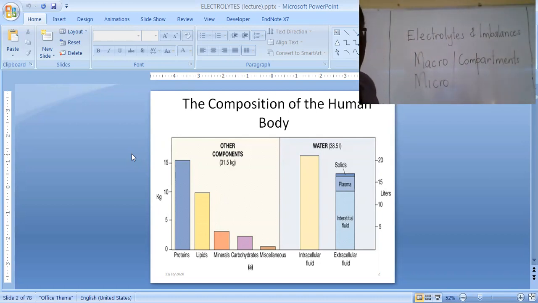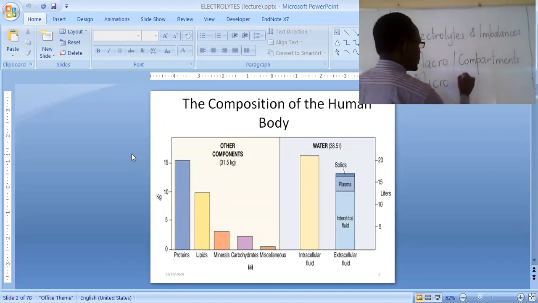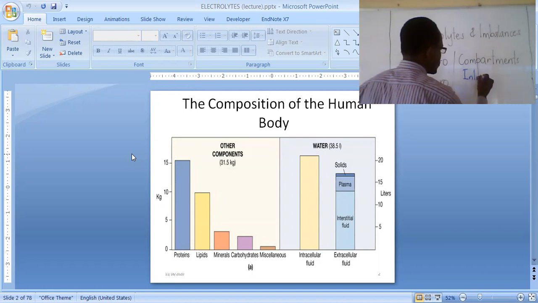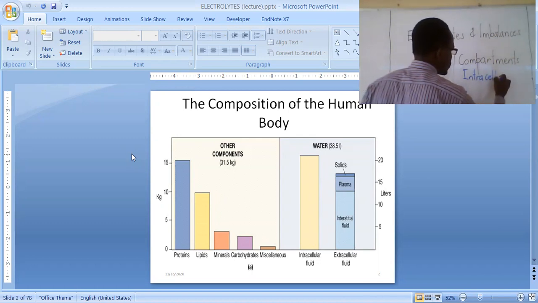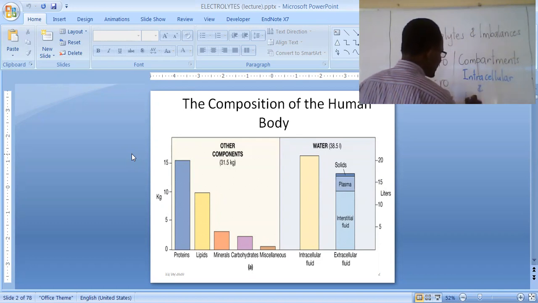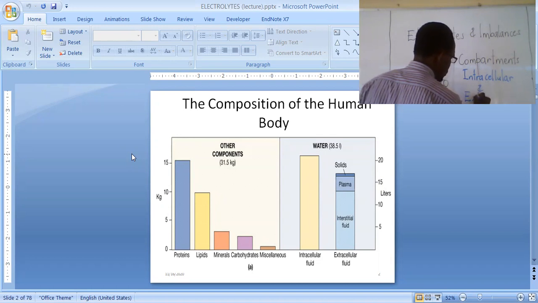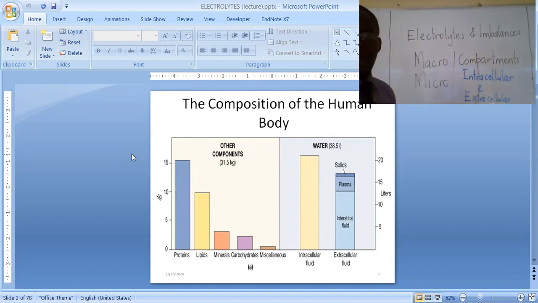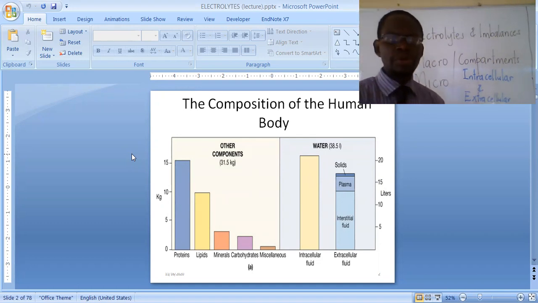Now, the compartments are what we call intracellular, and what we refer to as extracellular, yeah? So those are the components, and you realize, as you can see from the graph, that the intracellular component has a lot of water compared to the extracellular component.